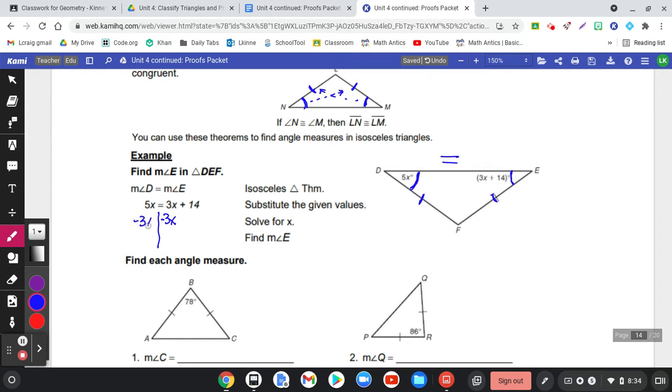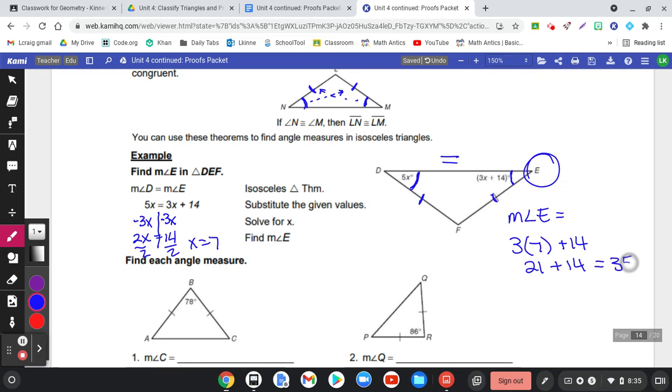Subtract 3x from both sides. 2x equals 14. Divide by 2. X equals 7. But then we have to find the measure of angle E. So the measure of angle E is 3 times x plus 14. All right, well, x is 7. 3 times 7 plus 14. 21 plus 14 is 35 degrees.